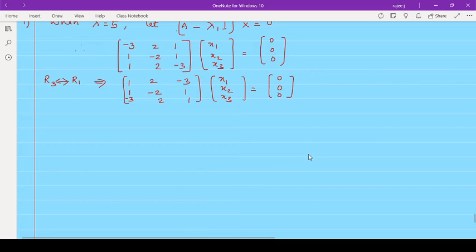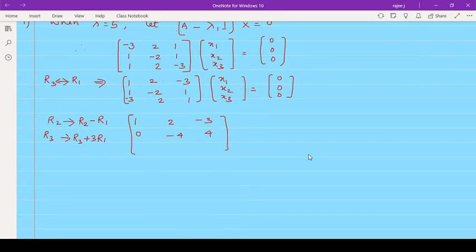Now, R2 changes to R2 minus R1, and R3 changes to R3 plus 3R1. We will do these two transformations in one step. So that is 1, 2, minus 3. R2 changes to R2 minus R1: 1 minus 1 is 0, minus 2 minus 2 is minus 4, 1 plus 3 is 4.